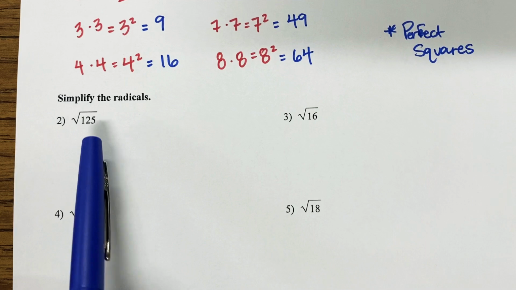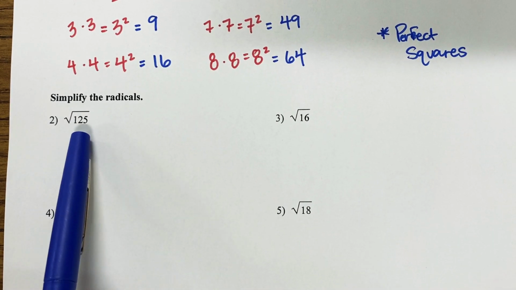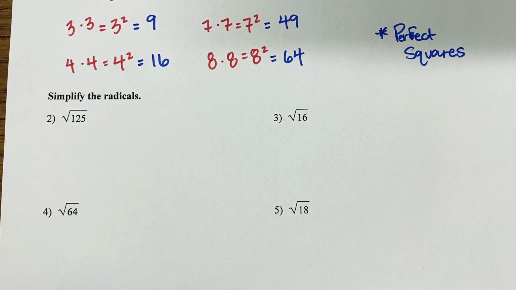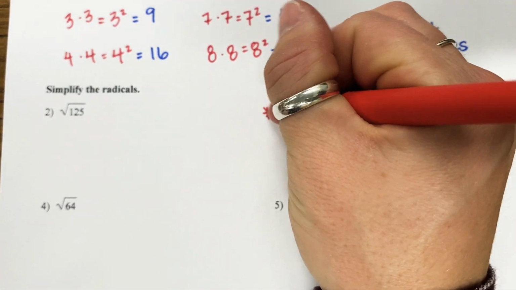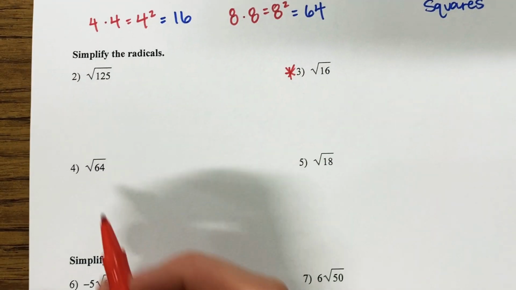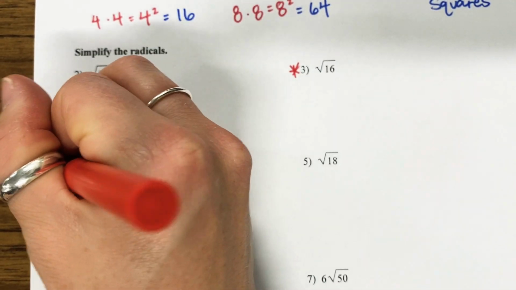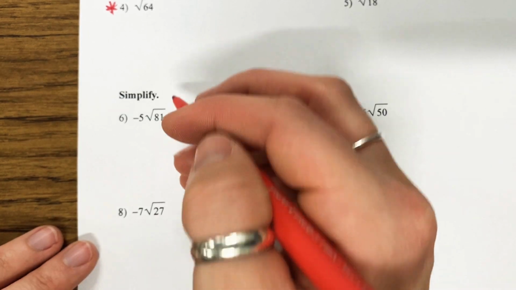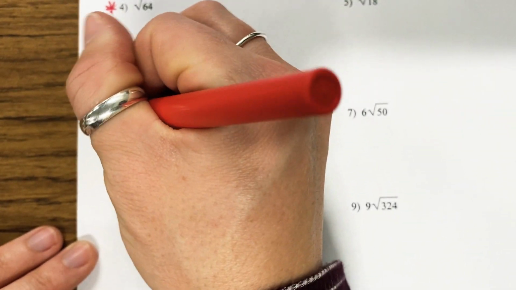So if I'm looking at these, I know that 125 is not on my list. 16, ooh, let's put a star by the ones that are on my list. 16 is on my list. 64 is on my list. 18 is not on my list. Ooh, 81 is on my list.